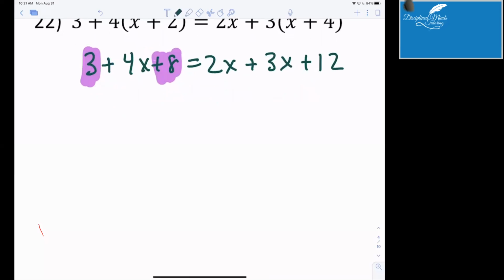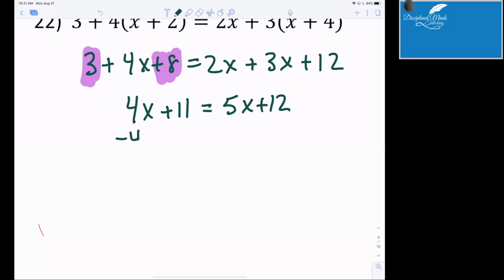See that? Right. Perfect. Now what am I doing? Subtract 4x. Good job. Subtract 12.